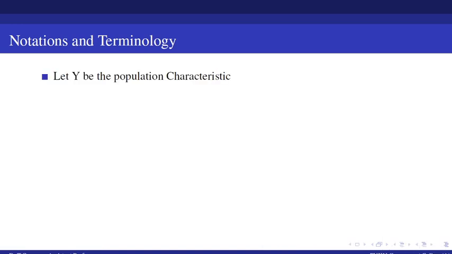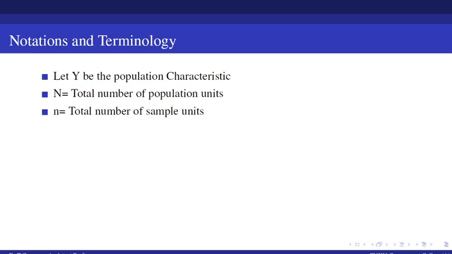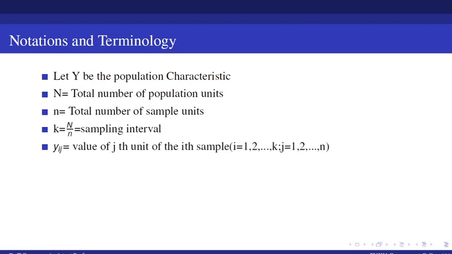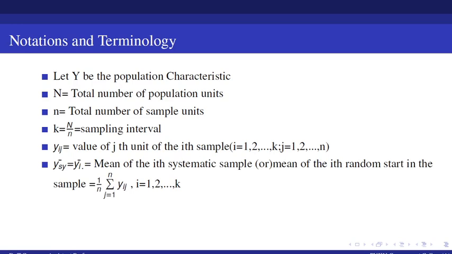Here you all know the notations and terminology. Let y be the population characteristic, capital N the total number of population units, small n the total number of sample units, and k equal to capital N by small n, the sampling interval. K is the sampling interval. Yij is the value of the jth unit of the ith sample. I runs from 1 to k, j runs from 1 to n.